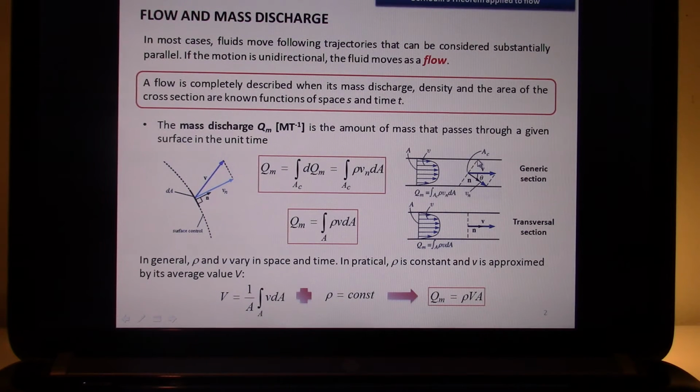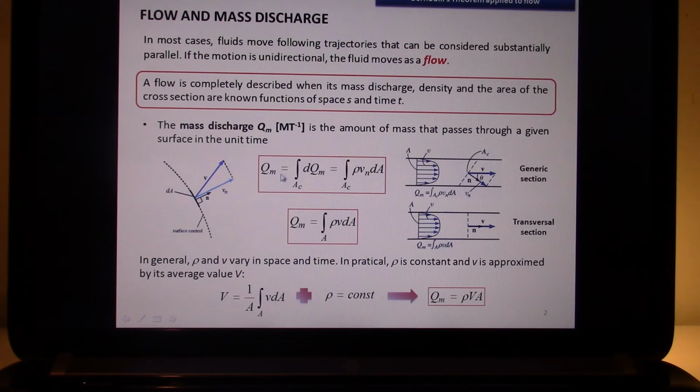So basically we choose a generic section, but if we take a generic section without considering its inclination, when we define the mass discharge, we will only take into account the normal velocity to a generic section. So basically, of the entire vector velocity, we will take only its normal component.